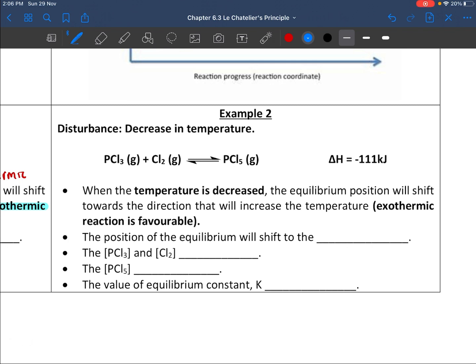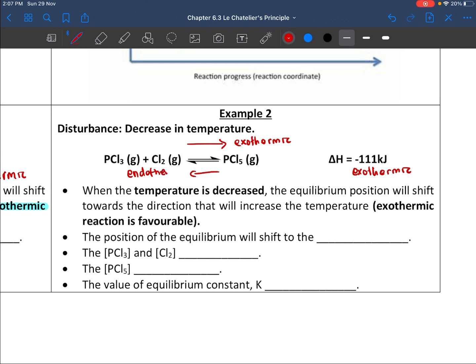Okay, so kalau decrease in temperature, that mean kita akan cuba untuk increasekan balik lah the temperature. Okay, so kalau nak increase temperature, kita akan favor exothermic reaction. Okay, so kita tengok sekarang reaction kita, forward dia adalah negatif, delta H negatif. Negatif means exothermic reaction. So maksudnya sekarang forward dia adalah exothermic, reverse dia adalah endothermic.